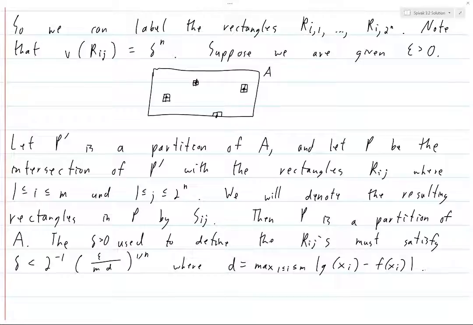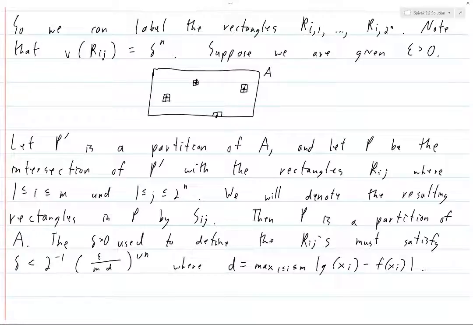So if we take any rectangle of P prime, and if that rectangle does not intersect any of the Rij's that we've defined, then we just throw it into P. However, if you have a rectangle in P prime which does intersect a particular Rij, then you have to break it up into the part that does intersect the Rij and the part that doesn't intersect the Rij.